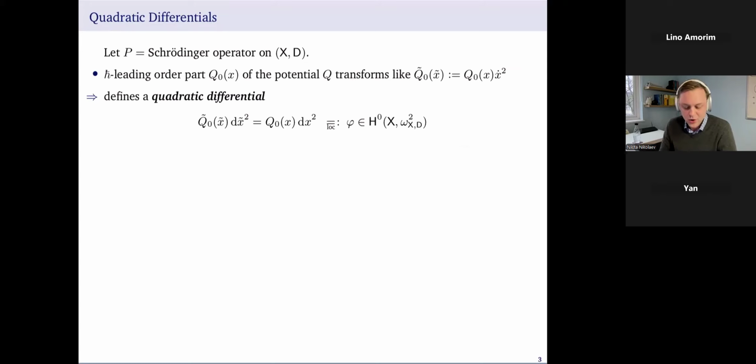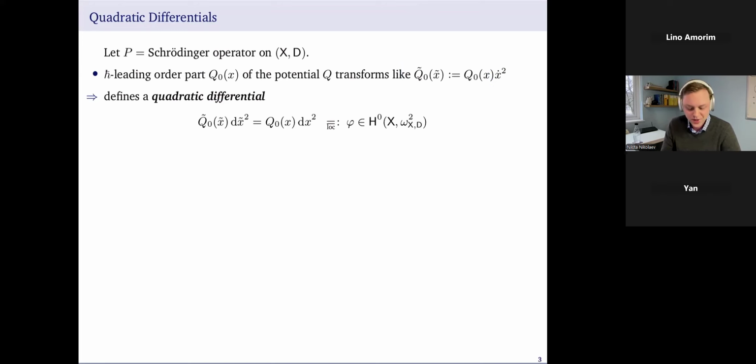Okay. So suppose I have a Schrödinger operator on such a marked curve. What do I get out of it? Well, the first thing to observe is if I look at the leading order part of the potential, Q0, the leading order coefficient, and I look at how that transforms under the coordinate change, then I find a formula that looks like this, and in particular, the quadratic Jacobian of the coordinate change is popping out.